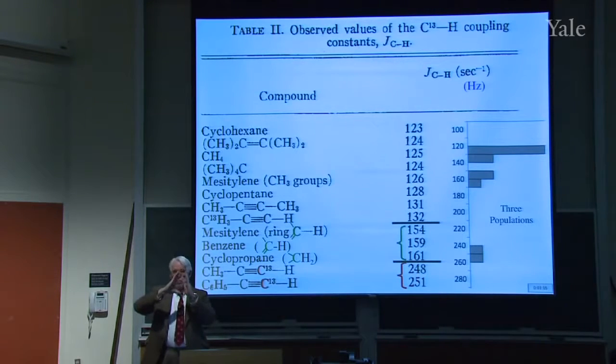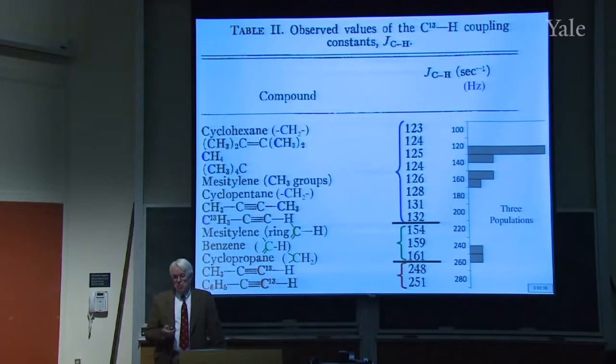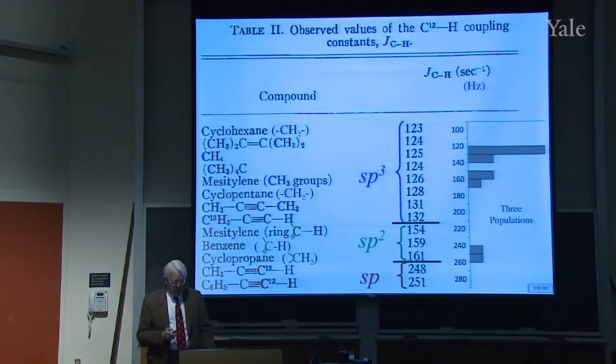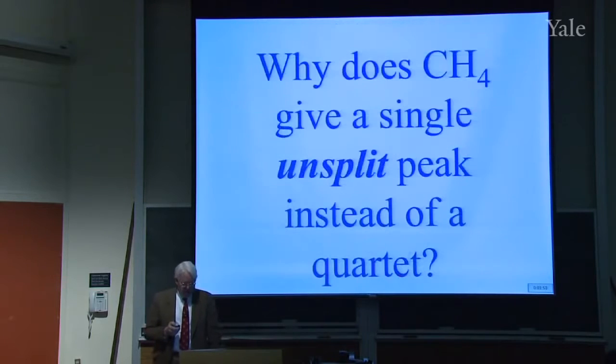Because its bonds normally are tetrahedral, sp cubed, but when you try to make a smaller angle, there's more p character in the bonds to the other carbons, therefore more s character coming out to the hydrogens. So we can actually see that hybridization change in the NMR. And then these others are normal methyl groups, sp cubed hybridized carbons. So here in NMR we have direct evidence for this hybridization stuff we talked about last semester. Okay, so it's sp, sp squared, sp cubed.